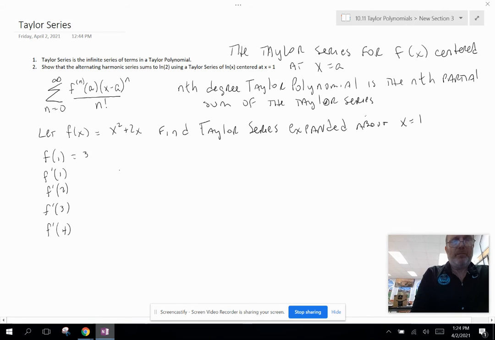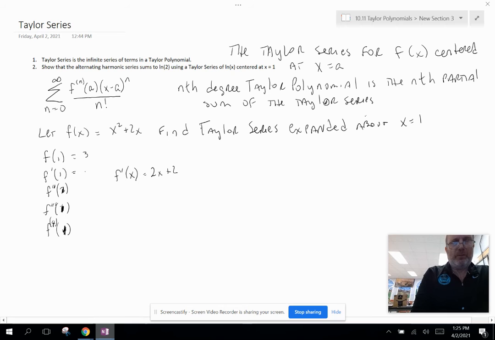Now f prime is going to be 2x plus 2. Oops, this is f prime of 1, and then f double prime, f triple prime of 1. Forgot what I was doing there for a second. And this is all derivatives evaluated at 1. That's what we need to find for this.